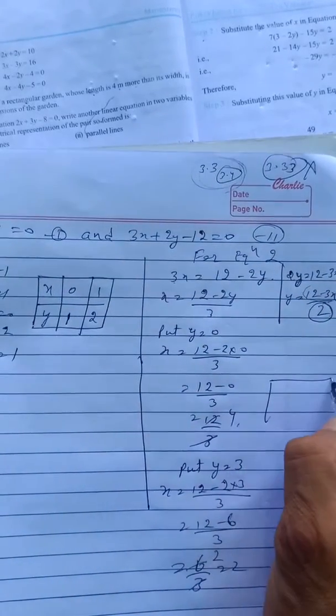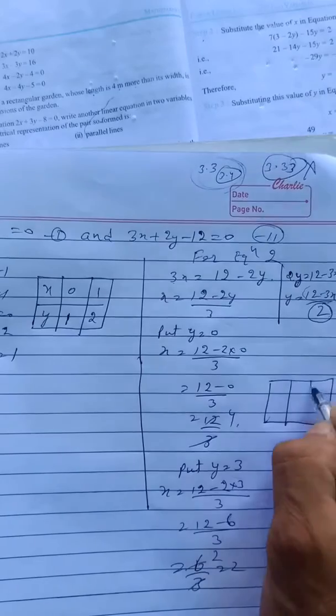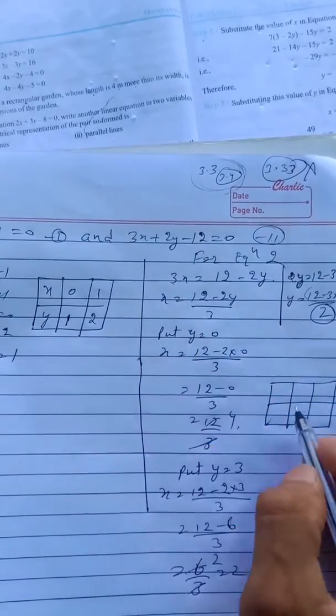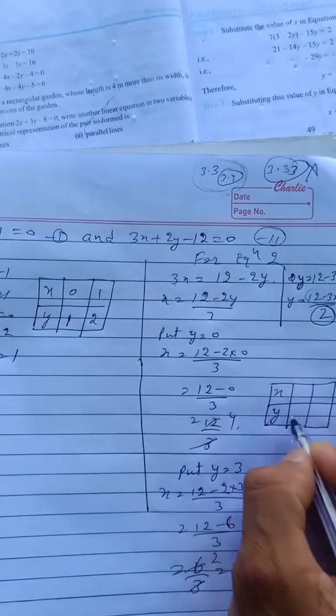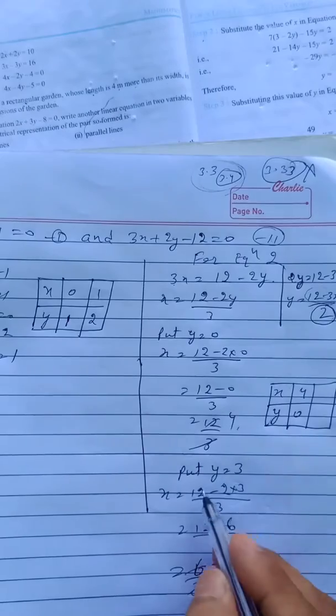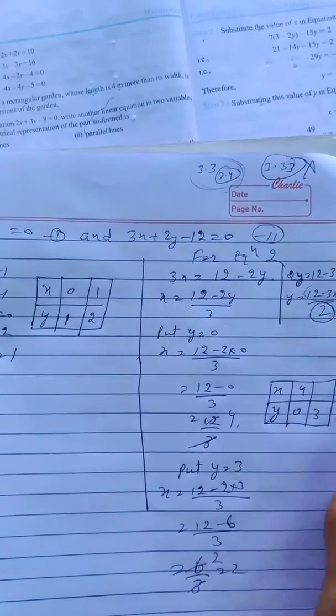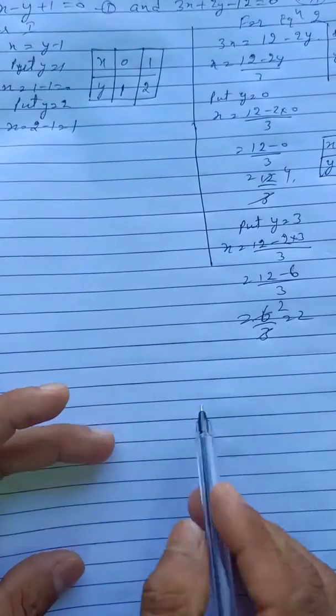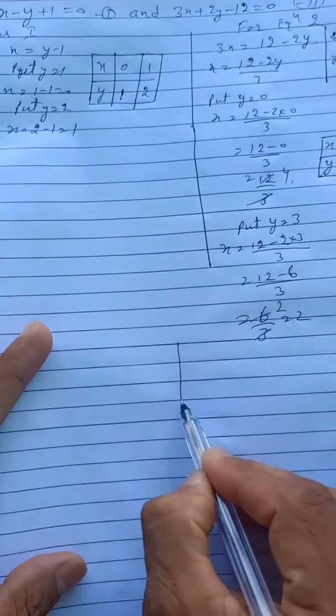Now we can make a table for it. When y is 0, x is 4. When y is 3, x is 2. So now make a graph for it.